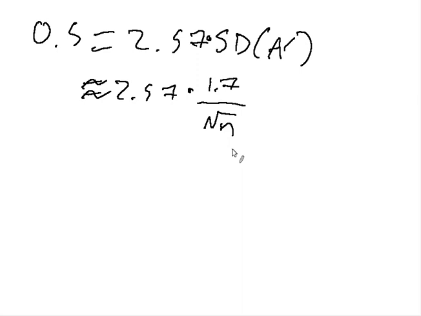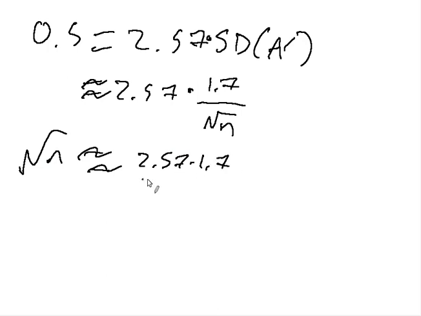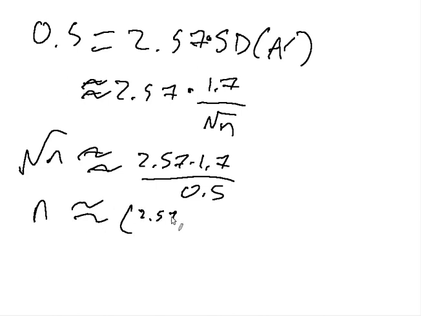So now we can just directly solve for n. I suppose we'll get square root n is 2.57 times 1.7 over 0.5. And so n has to be at least the square of that.